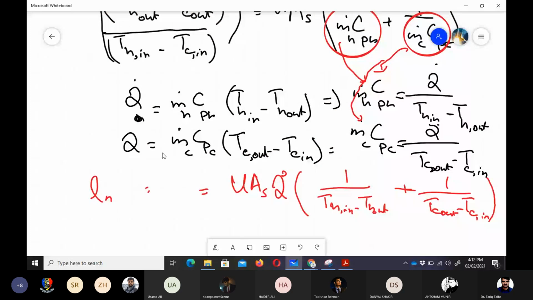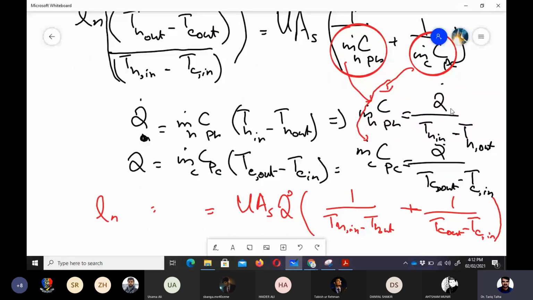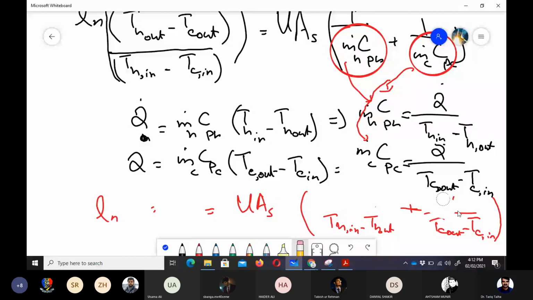Incorrect, because here this m dot h Cp h is in the denominator, so it means that Q dot would be in the denominator and this thing would be the numerator. So here let me do the correction. This Q dot shouldn't be here and this shouldn't be here. Just a minute.